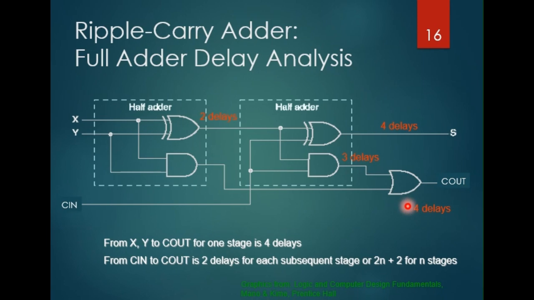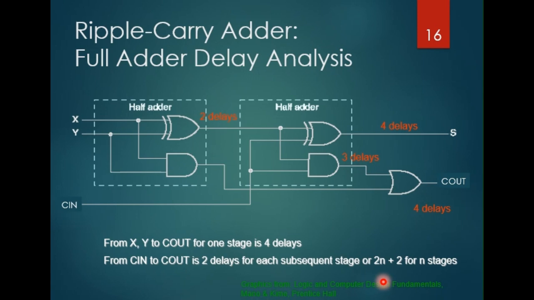When you have multiple full adders cascaded, the delay ends up as long as 2n plus 2, where n is the number of adders. If you have a 4-bit adder, then the delay incurred in the design is 2 times 4 plus 2, which is 10 delays. So the more bits, the more the delay increases.